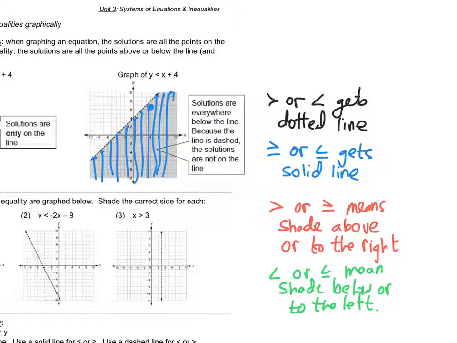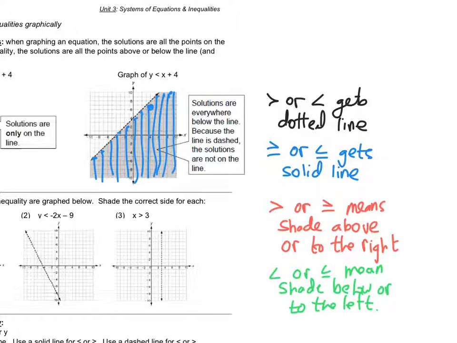So if that line were to extend infinitely, you would have shading infinitely in both directions. All right. So to the right, you could look at it and say, yeah, that's to the right, but to the right of what? Right? To the right of a y value is not meaningful. Right? So when I talk about to the left and to the right, what I'm talking about is for vertical cases only.